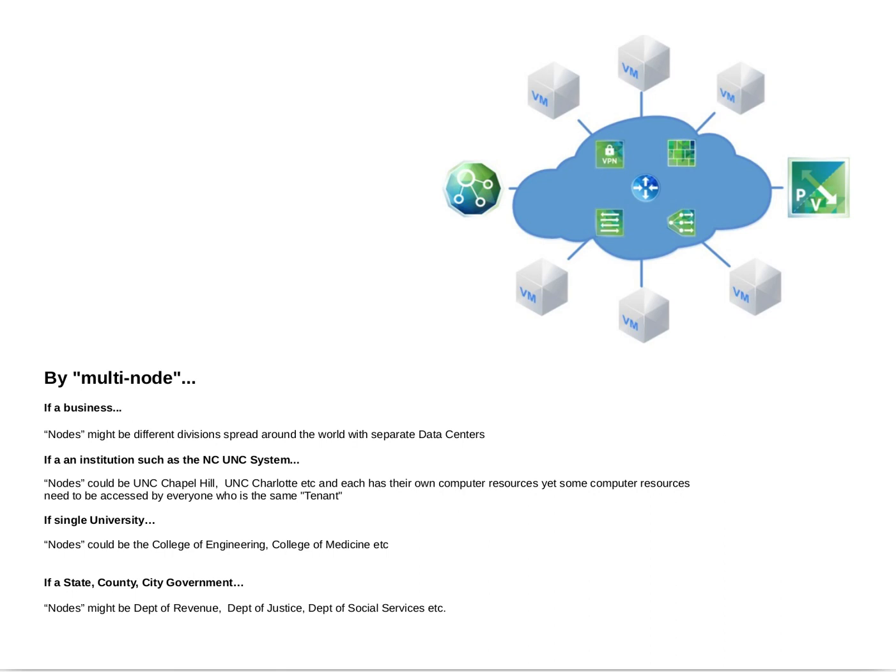If you're a single university, the nodes might be a node or nodes for the College of Engineering, a node or nodes for the College of Medicine. If you're a state or county or city government, nodes might be dedicated for Department of Revenue, Department of Justice. Each one could have different security requirements.